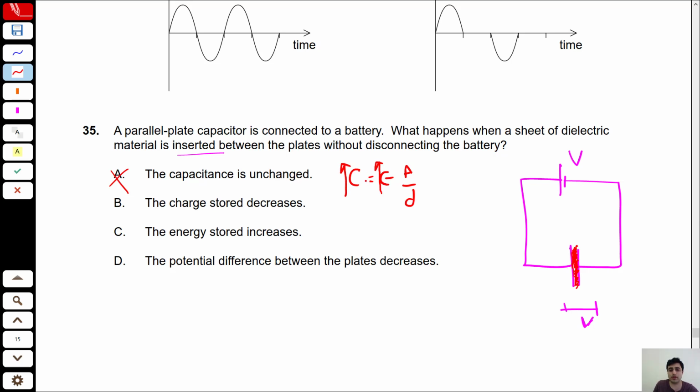The charge stored decreases. No, the total amount of charge that can possibly be stored on this capacitor will be the same, because the amount of charge stored depends on this battery. How much charge or voltage can this battery possibly provide? The energy stored. Right, what is the formula for the energy? Energy is half CV squared.